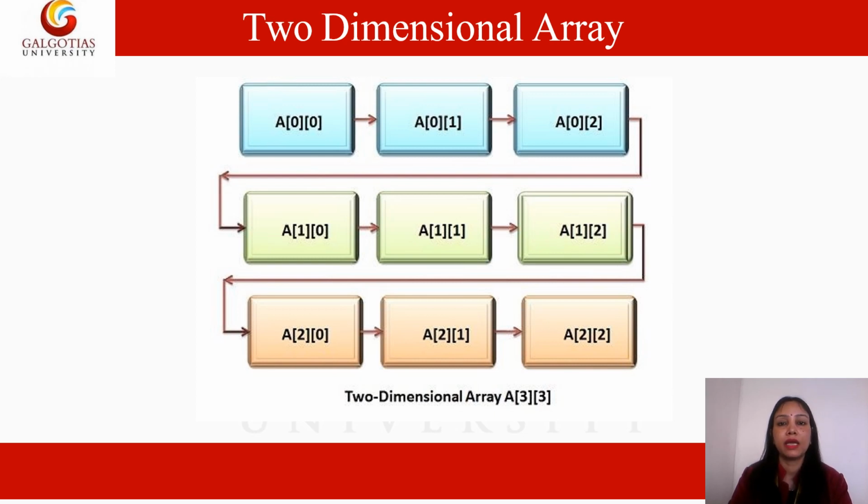So from A00 till A22, we are able to store all 9 elements. You can see A00 the first element, A01 the second element, A02 the third element.